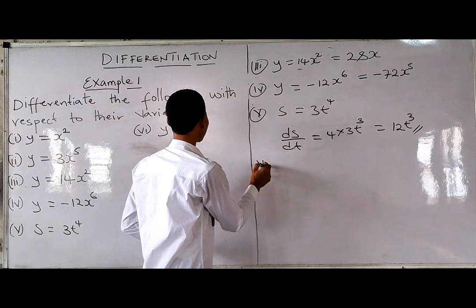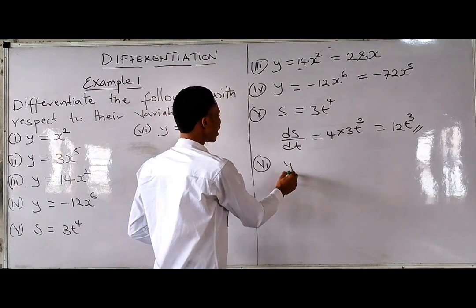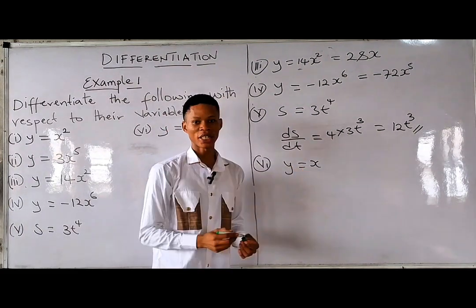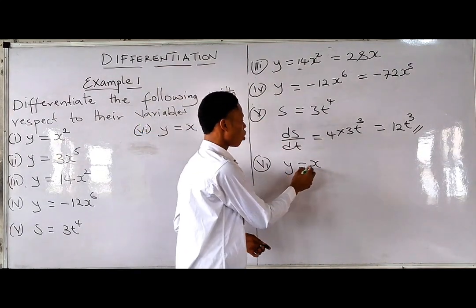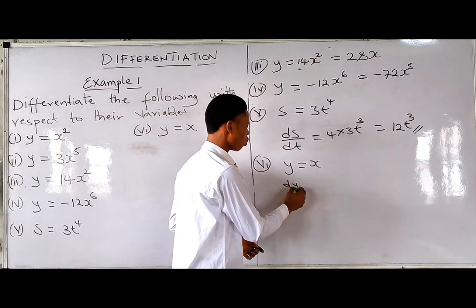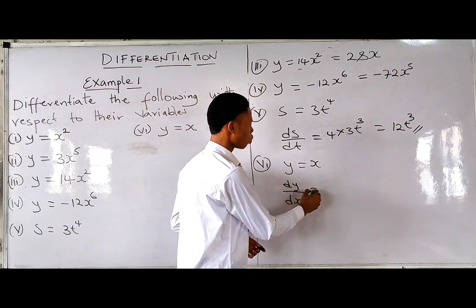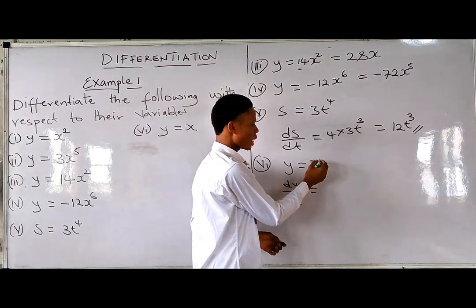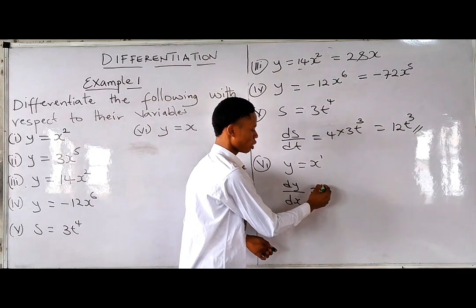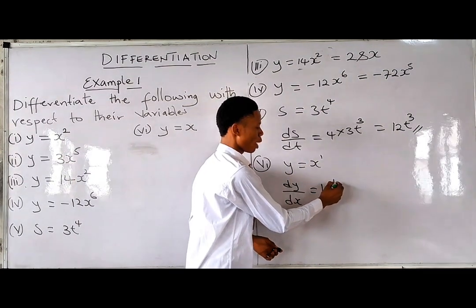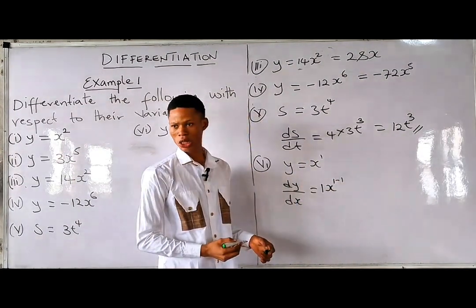Good. So number 6, y equal to x. What is your answer here? 1, right? Because now if you are differentiating this, dy over dx is equal to, x is the same thing as x raised to power 1, is it not? Bring 1 to the side here and minus 1 from what was there, is it not?